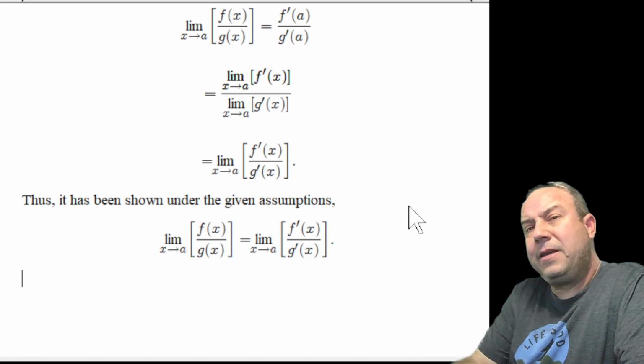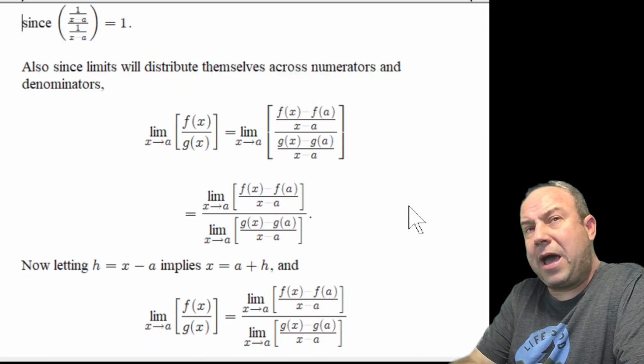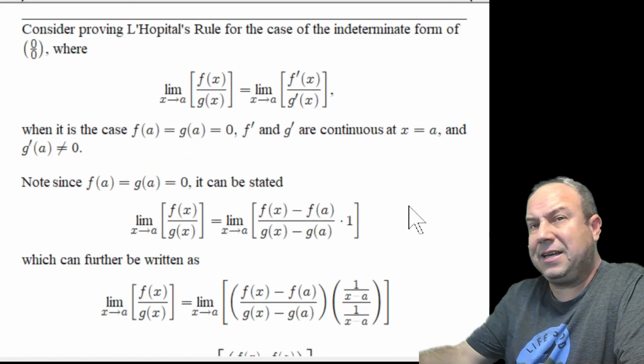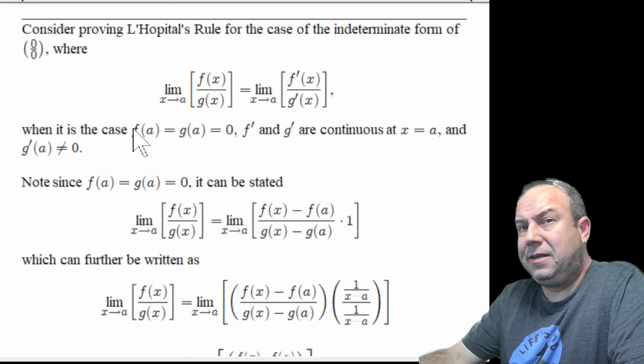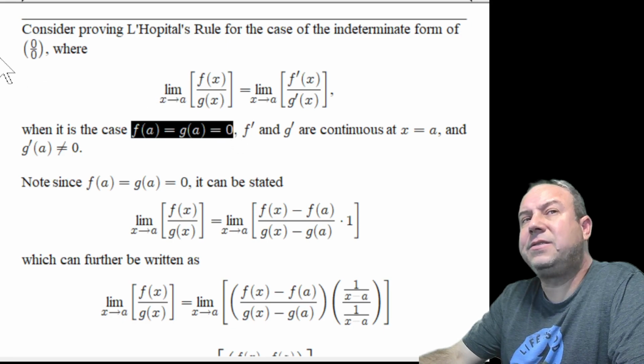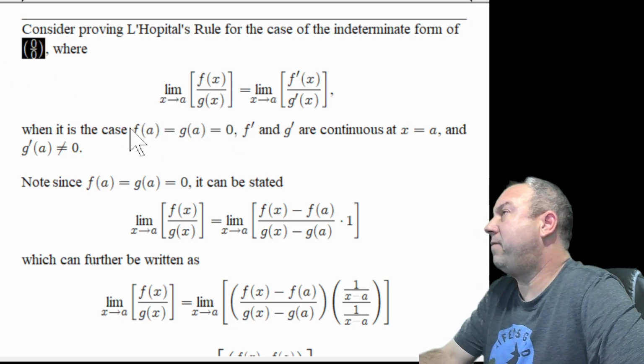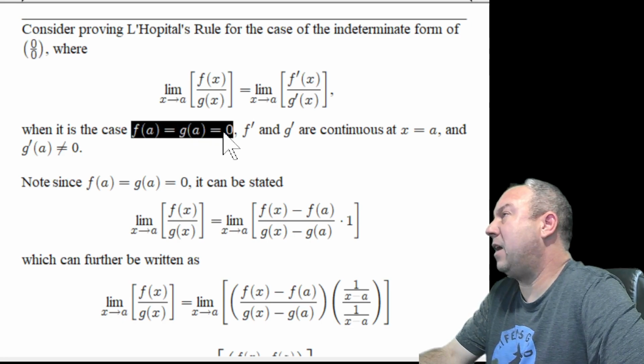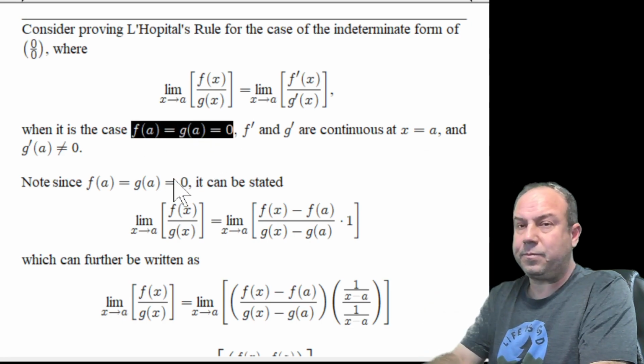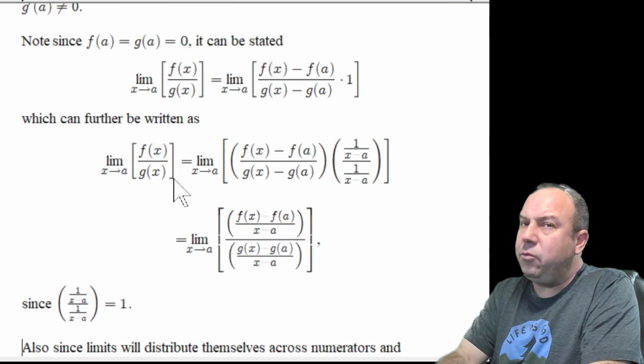One thing I will go back and note: we have only proven it, technically and explicitly, for the case where we produce the indeterminate form 0 over 0, where f of a is equal to g of a, which equals 0.